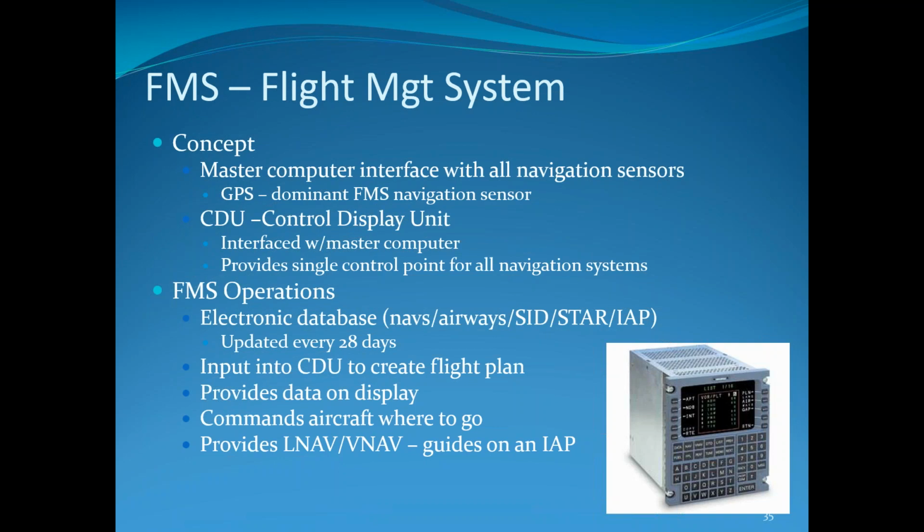But anyway, what it does, it's a master computer that interfaces with all the navigation sensors. The GPS is the dominant FMS navigation sensor, and it takes all these things, kind of the same as the last two things we looked at, but puts everything into one control display unit. It interfaces with the master computer and provides a single control point for all navigation systems.